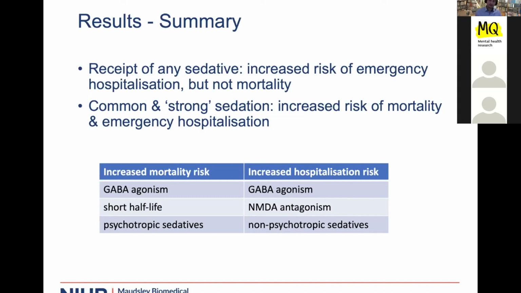On the other hand, medications with a short half-life are preferably prescribed for people who already have some additional illness, often people with comorbidities like hepatic impairment or impaired renal clearance. So despite us trying to adjust for a number of covariates, there might still be some bias by indication. Those NMDA antagonists were associated with an increased hospitalization risk.